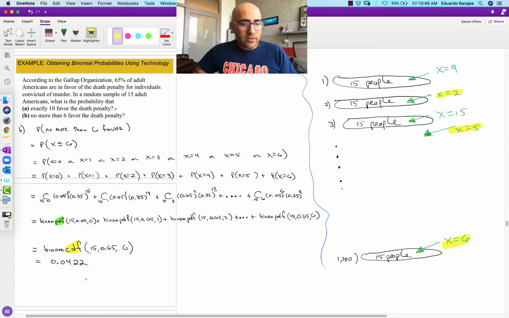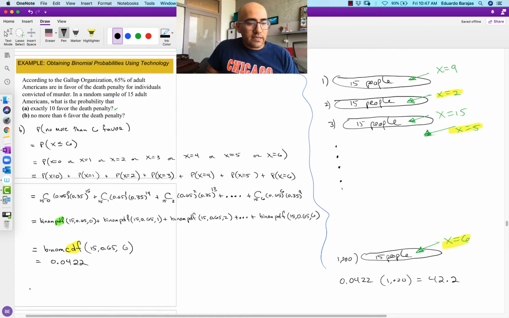Well, what this tells us is, if we multiply 0.0422 times 1,000 groups, that turns into about 42.2. Move the decimal over 3 times. So about 42 groups are expected to have those values.